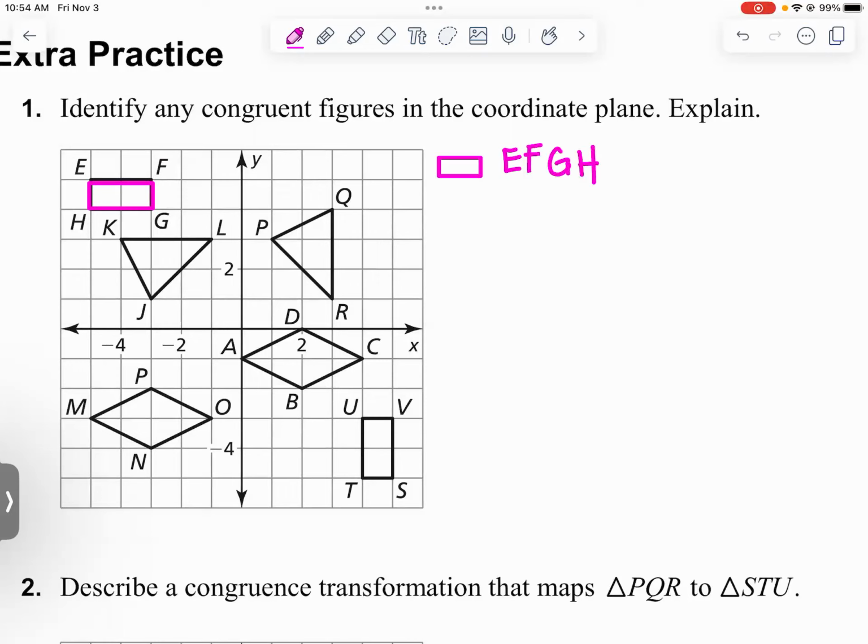Okay, so if I talk about rectangle EFGH, is it congruent to another rectangle on there? Yes? Okay, now when I'm naming this congruent rectangle, I want to name it in an order that matches up with how I named EFGH. There'd be a couple different ways we could do that. But if I go from E to F to G to H, how would we want to name that rectangle? VSTU. Yep, that sounds good.